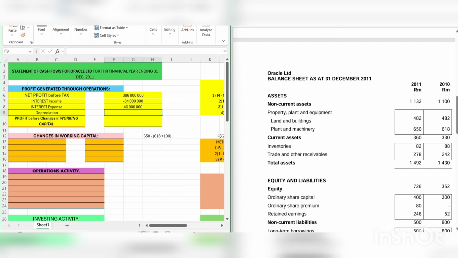We can type it out, 650 minus open brackets 618 plus 190 million. All right, and you can type that out in your calculator, and you can see what it gives you. It should give you 158 million.